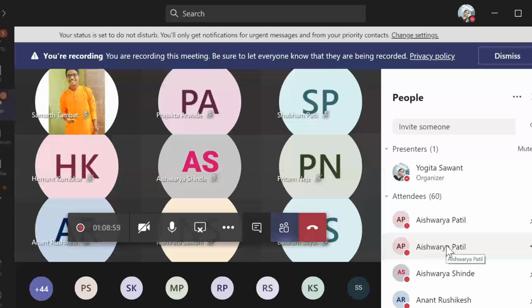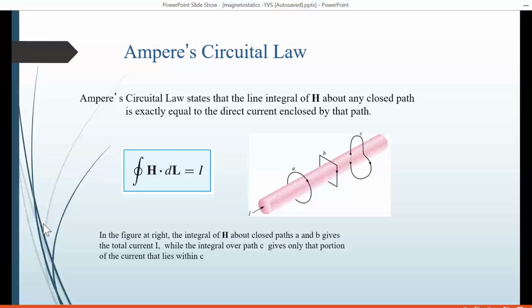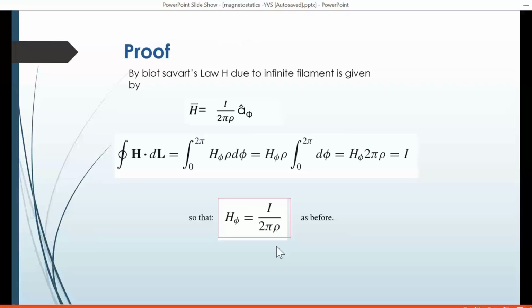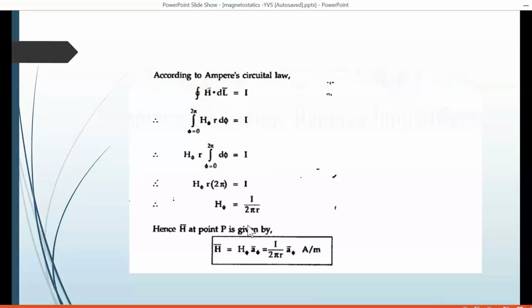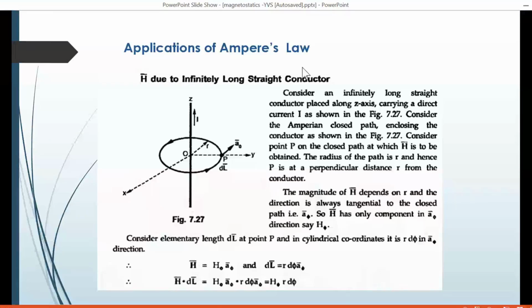Applications of Ampere's law: we have to remember only H·dl, most of the time H·dl is equal to I. This we have to remember. Other parameters are rarely used. This equation is important; the proof of the others may be asked sometimes.